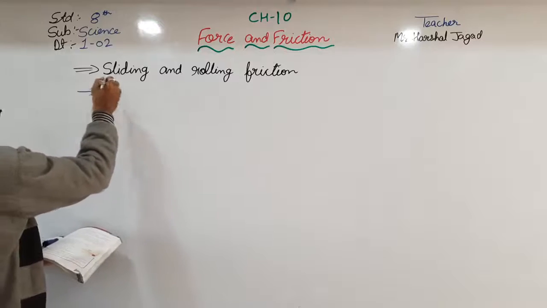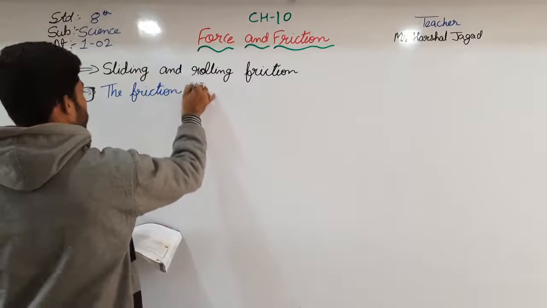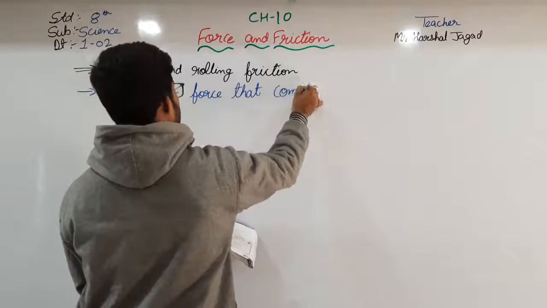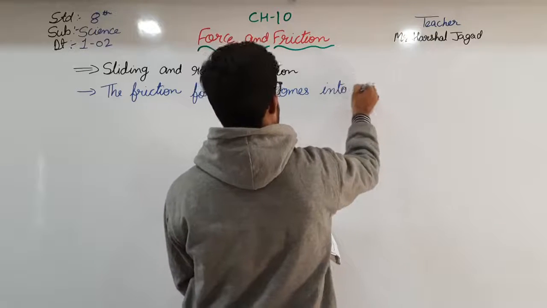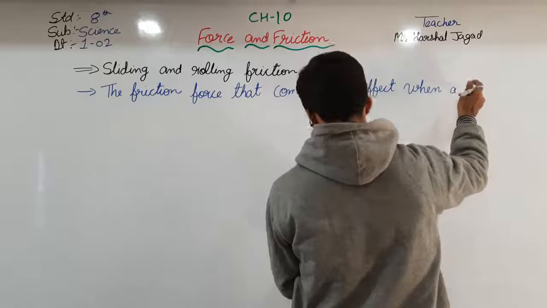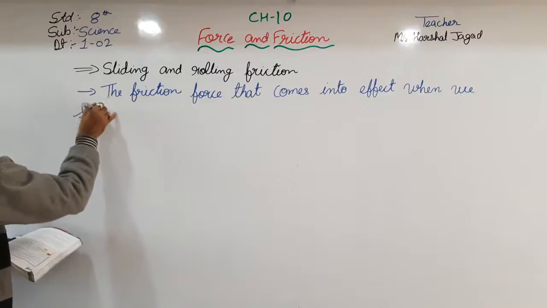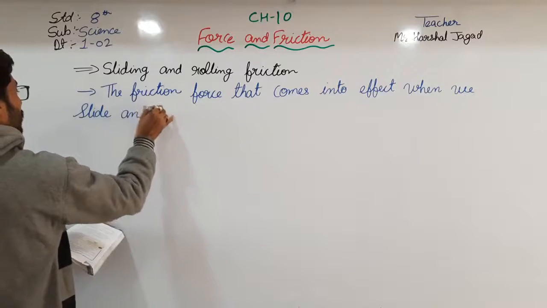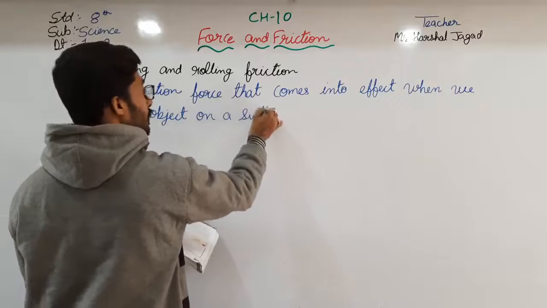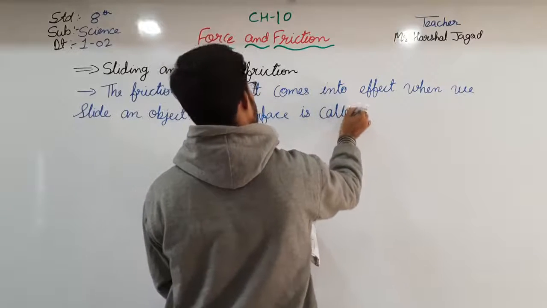Here the definition is given: the friction force that comes into effect when we slide an object on a surface is called sliding friction.